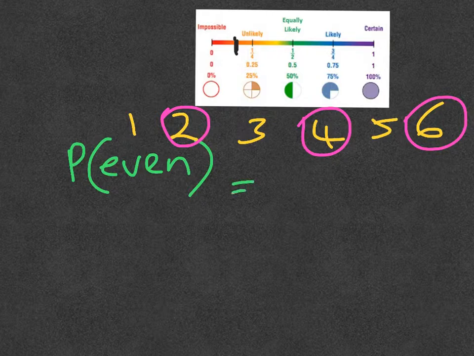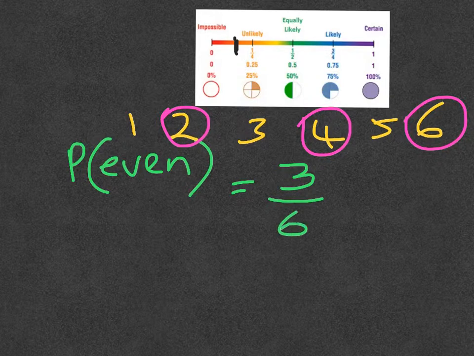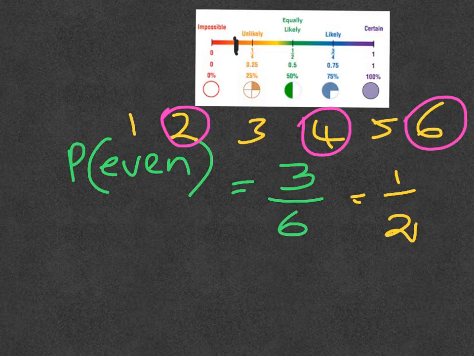Because there are 3 possibilities, 2, 4 and 6, to get an even number, we say 3 over a total of 6. If we were to simplify it, 3 over 6 equals 1 over 2, because 3 goes into 6 twice. So we have an equal probability that we will get an even number on our first throw.